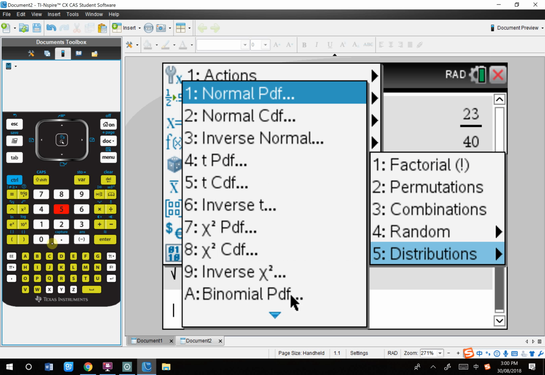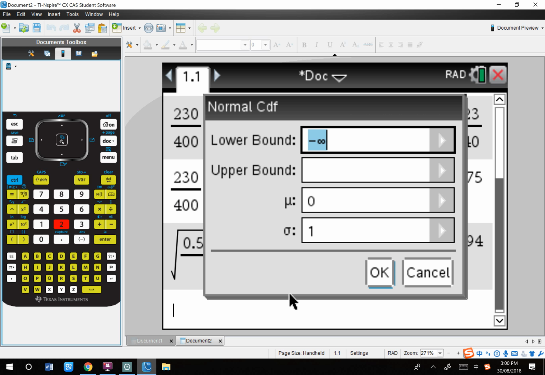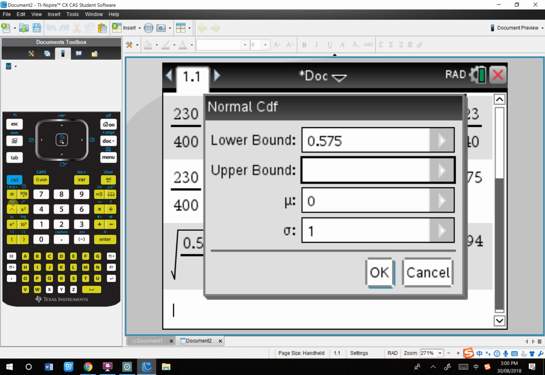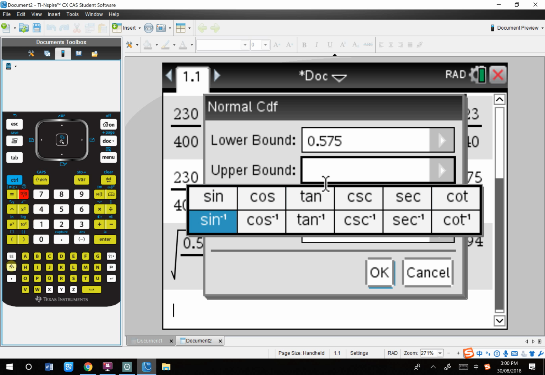I can go menu 552, normal CDF, lower bound is 0.575, upper bound you should use infinity.